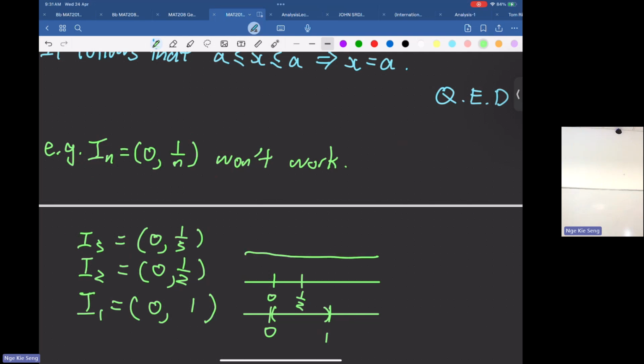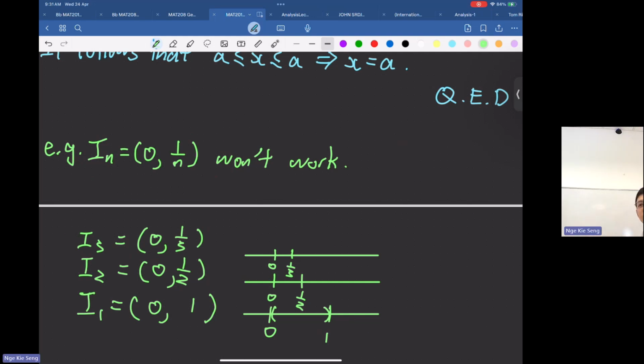So you can see that we still have the nesting effect here, and also the length is converging to 0. But you cannot find a unique point that lies in every interval.